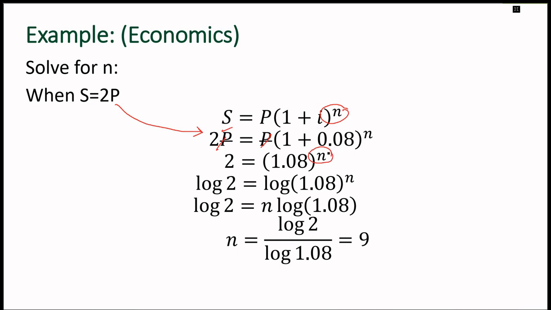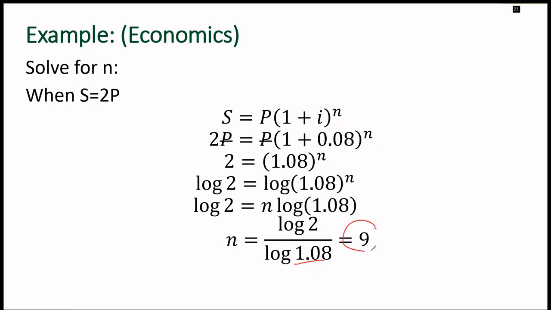So we make n the coefficient by using logarithm. So log of 2, of course we can also use ln, equals the logarithm of this, and the n becomes a coefficient: n log 1.08. We transpose this expression to the other side as a denominator. So n is equal to log of 2 divided by log of 1.08.